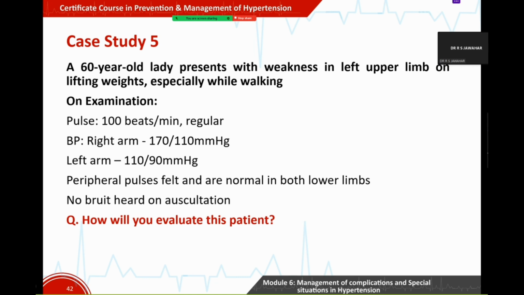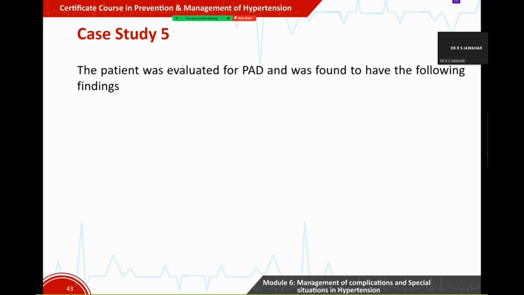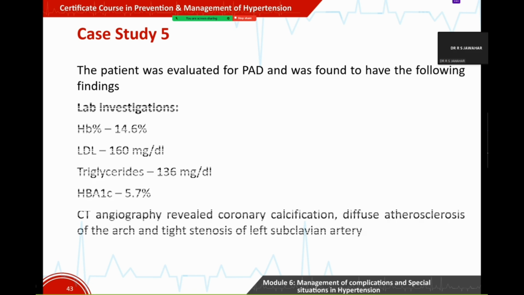The peripheral pulses are felt and are normal in both lower limbs. No bruit heard on auscultation. How will you evaluate this patient? Maybe a left subclavian artery occlusion, so evaluate for PAD. Hemoglobin is normal, LDL is high, triglyceride is okay, HbA1c is also okay.